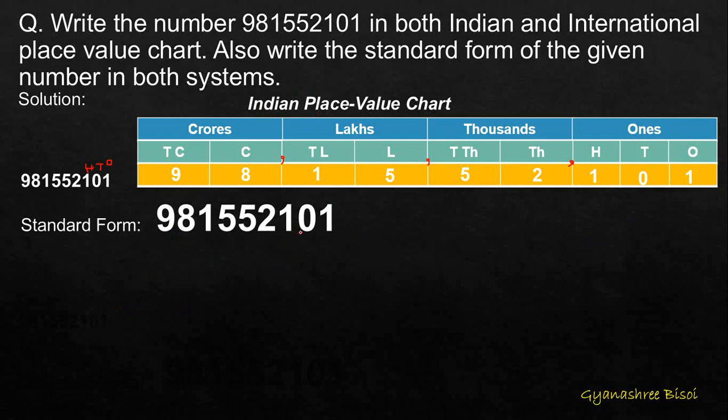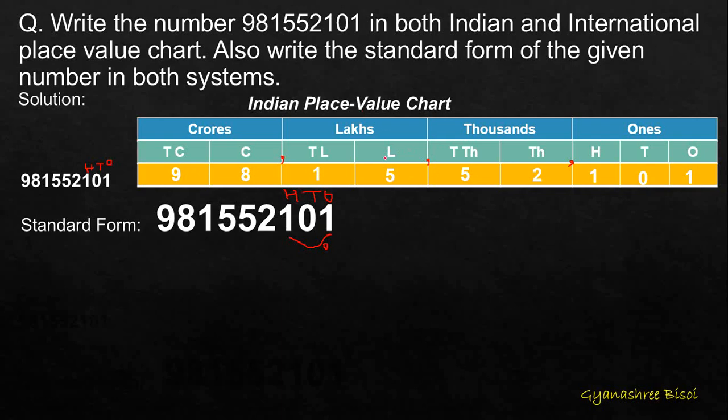Now I will put commas. Where to put the comma? Starting from the rightmost, the ones period ends after 3 digits, because it is a group of 3 places: ones, tens and hundreds. Only the first period consists of a hundreds place. The rest of the periods, thousands, ten thousands, lakhs, ten lakhs, have no hundreds place.